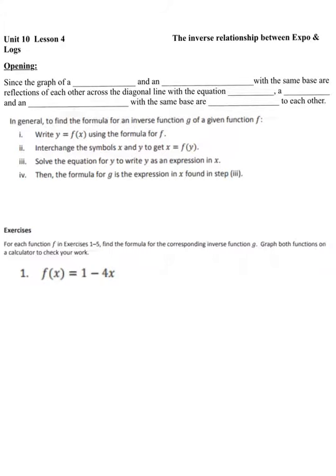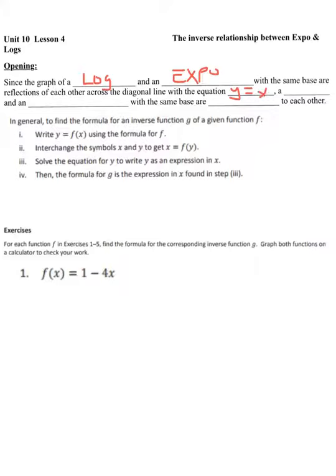Okay, the graph of a logarithm and an exponential, which we'll call an expo to fit in there, with the same base are really reflections of each other across the diagonal of what? You should remember the equation y equals x.